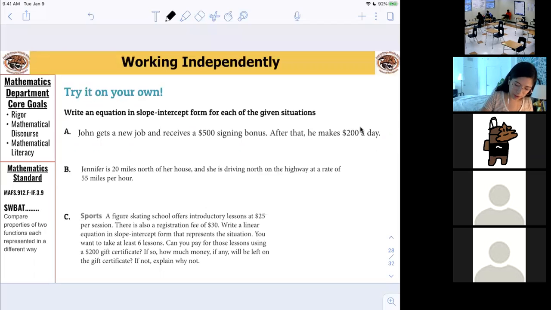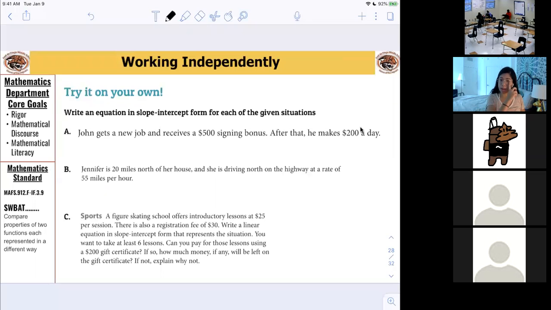For A, John gets a new job and receives a $500 signing bonus. After that, he makes $200 a day. Which one's my slope? Which one's my y-intercept? $200 is the slope.